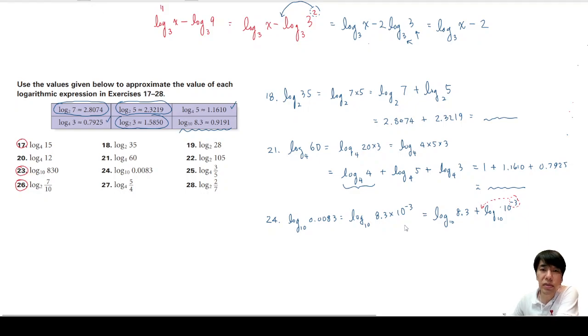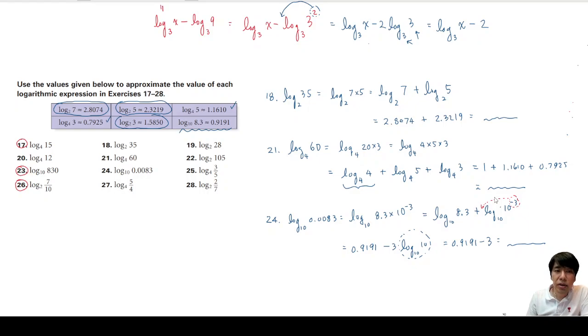So the first one is 0.9191, and then you take out that negative 3 in front of the log. What we have left over is log base 10 of 10, the same number, 10 and 10, so this is just 1. So your final answer is 0.9191 minus 3. Calculate this, and you'll get your answer.